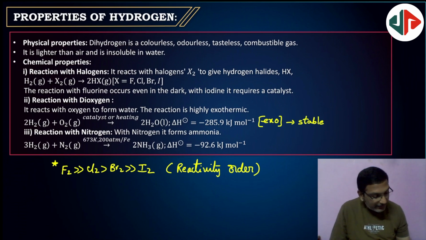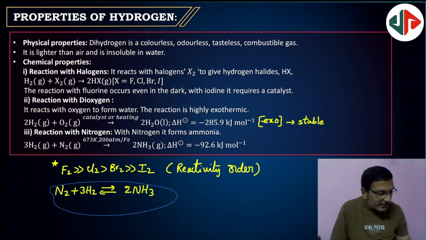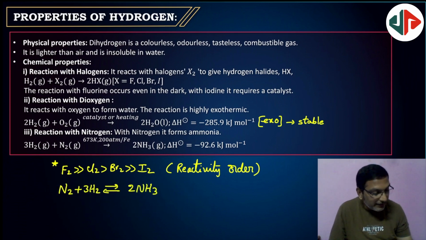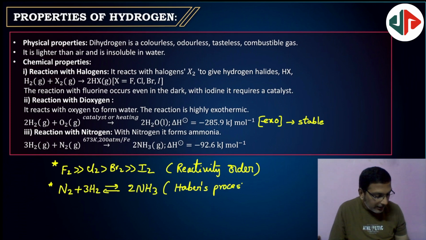Next, reaction with nitrogen to form ammonia. So which is a famous reaction? N2 plus 3H2 reversible with 2NH3, which is famously known as Haber's process for the manufacture of ammonia.